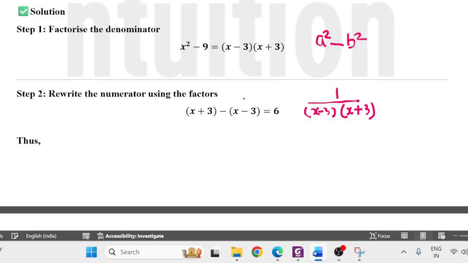We have to write the numerator in terms of this constant. Say I can write something like a minus b divided by ab, which will be very easy to split. That's partial fraction, that is a divided by ab minus b divided by ab. So it's very easy to split.